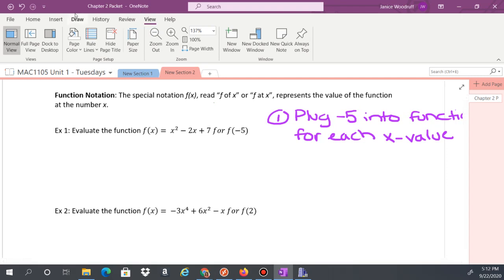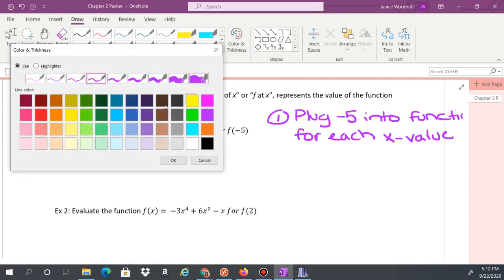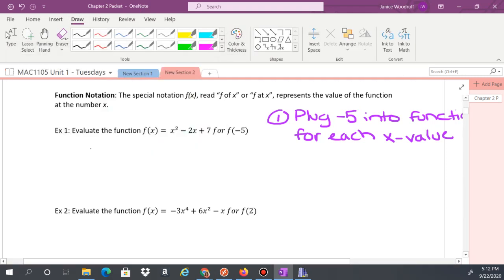So what that's going to look like is this. You're going to go f of negative 5 equals negative 5 squared minus 2 times negative 5 plus 7.